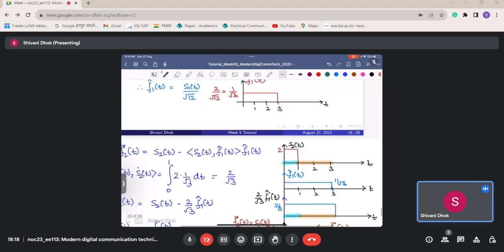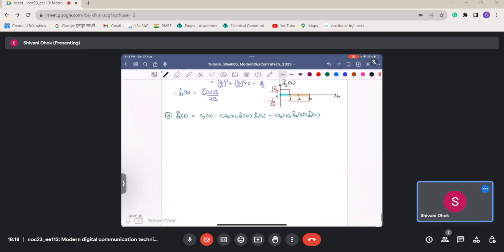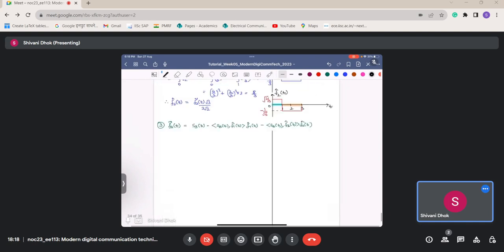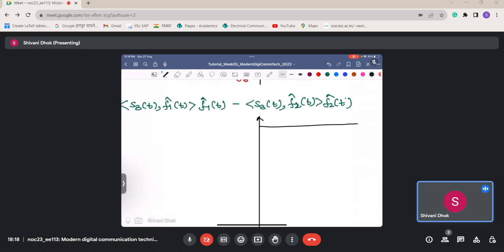Okay, now this is how my s3t looks. So let me draw it again. So let me create a big thing here. So this is the time axis. This is 1, 2, 3, and let me draw it above. One, two, three, and this s3t is basically minus 2.